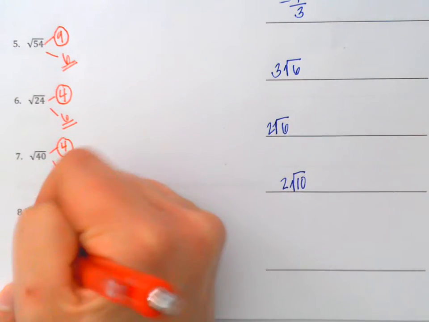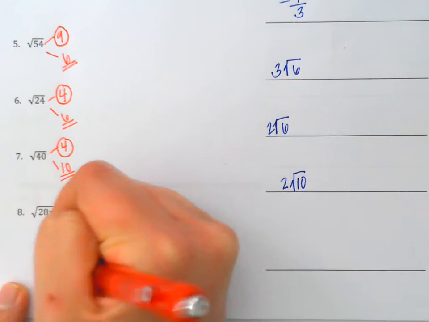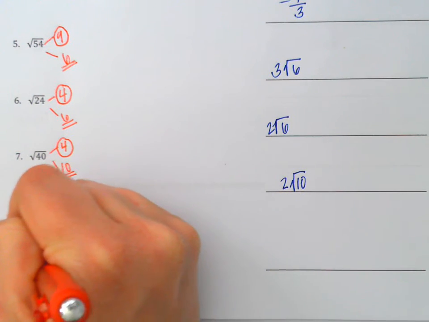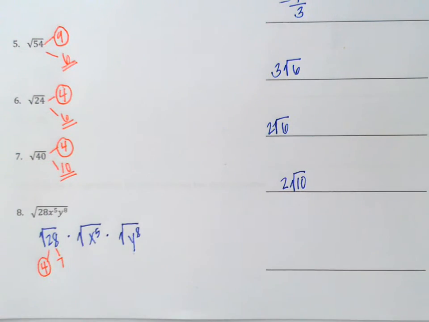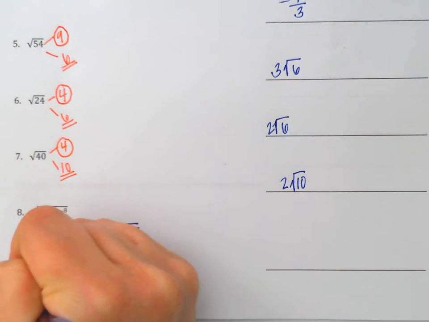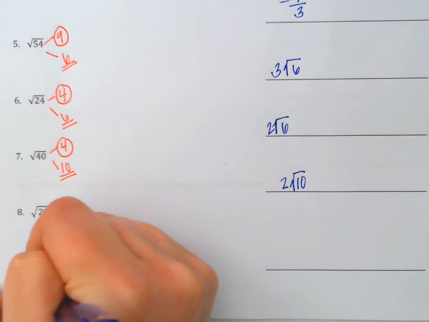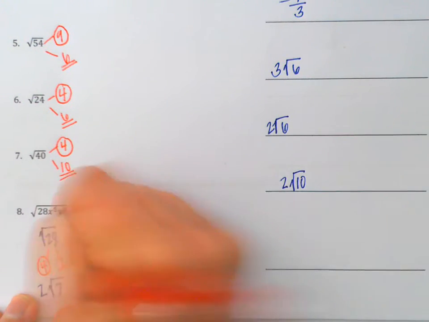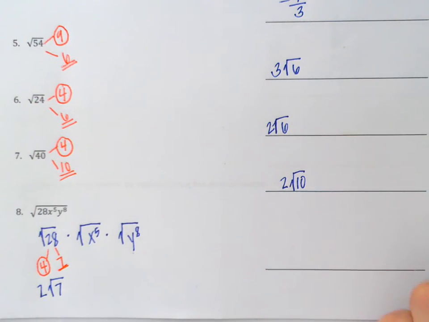So I can split it up: 4 and 7. And I know, okay, what's the square root of 4? Well, the square root of 4 is 2, and then 7 is going to stay inside the square root. So whatever you can't take the square root of is always going to stay inside the square root.